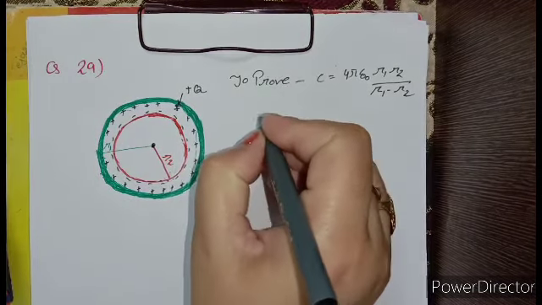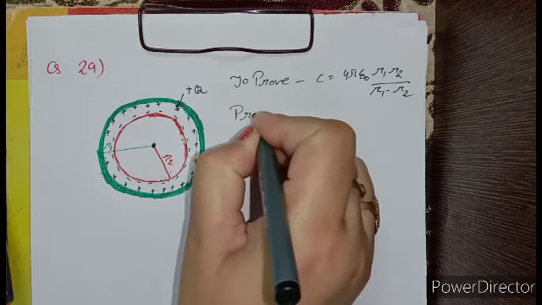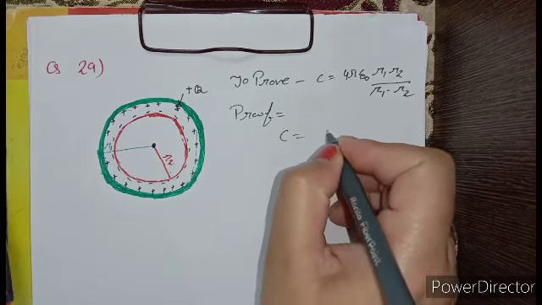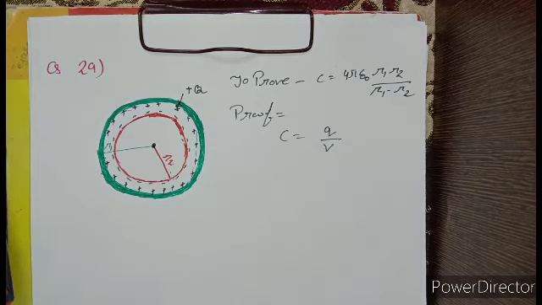Now we know that C equal to Q upon V, right?